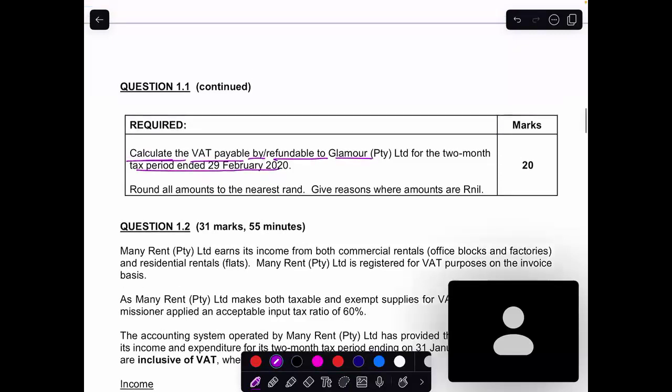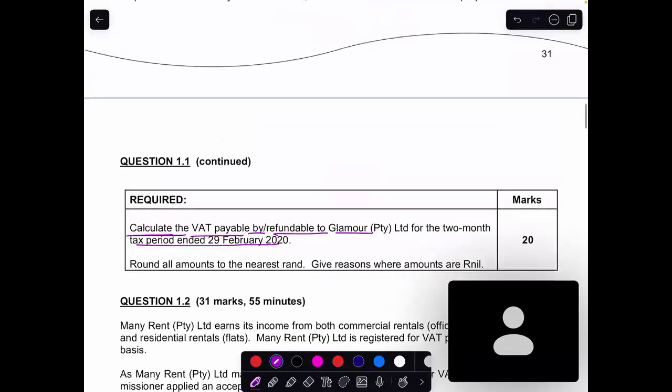How do we calculate VAT payable or refundable? We need to first calculate VAT output, and calculate VAT input. If our output is greater than input, we have VAT payable.